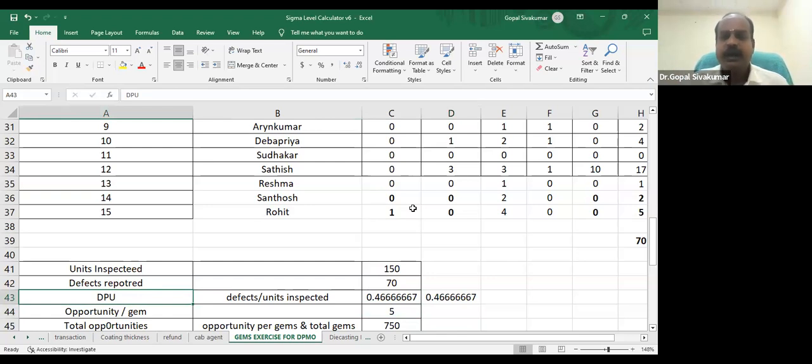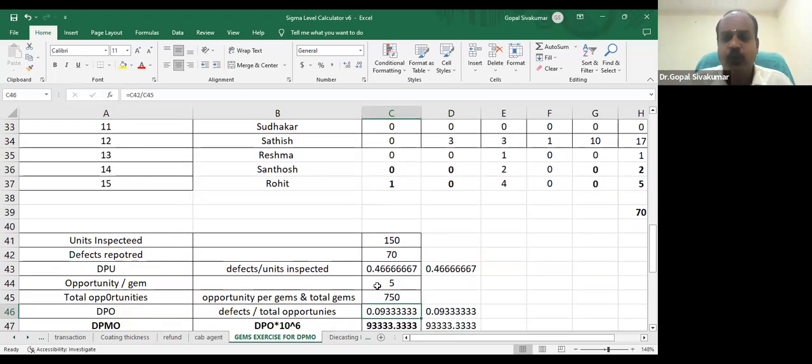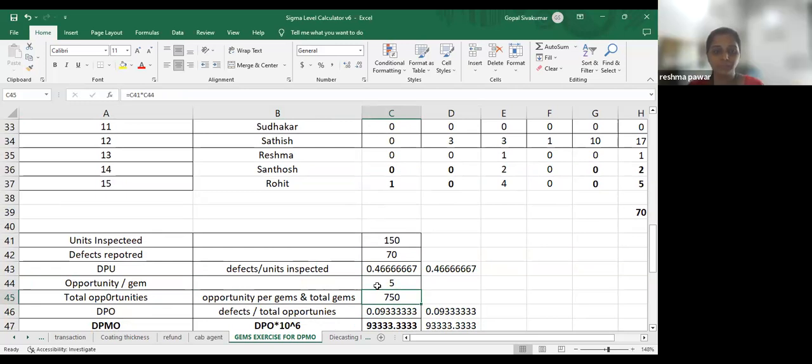Now, I want to calculate DPO. DPO means defects per opportunity, right? And defect opportunities per gem, we all know it is 5. But how many packets did we open? 15 packets, totally 150 gems we have checked.